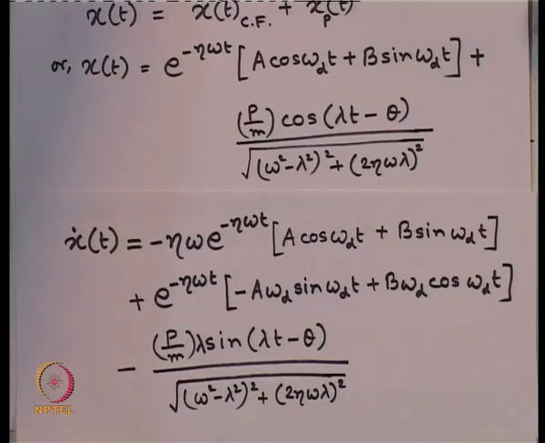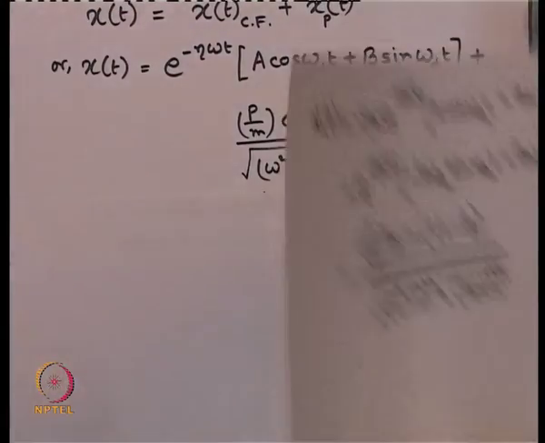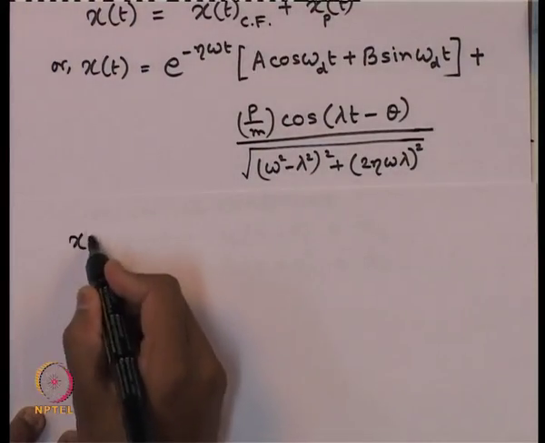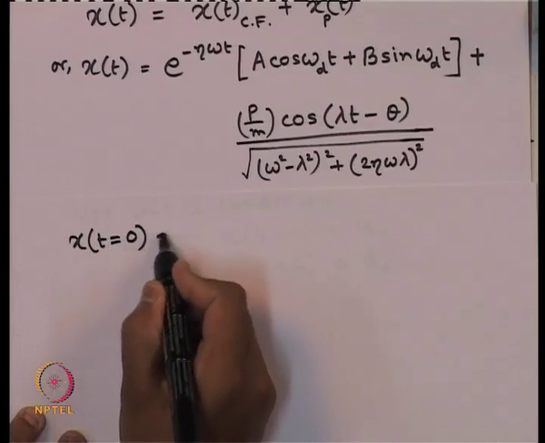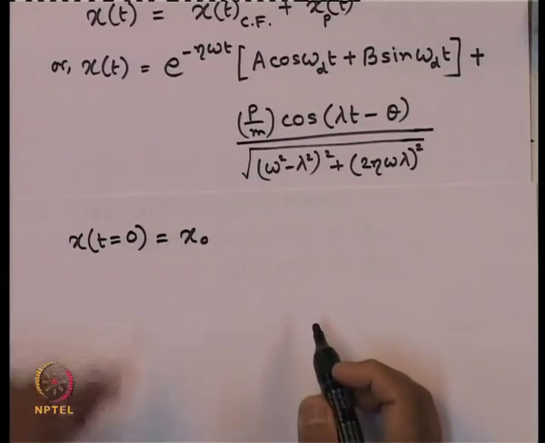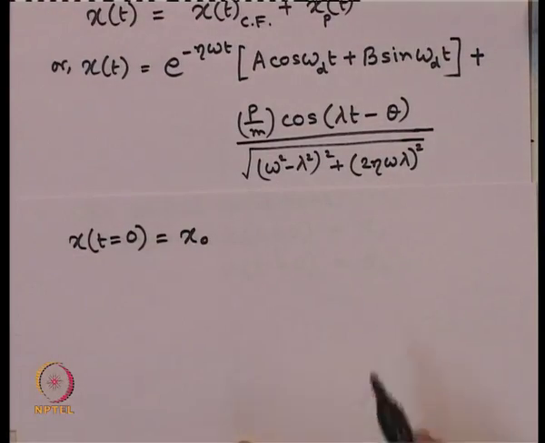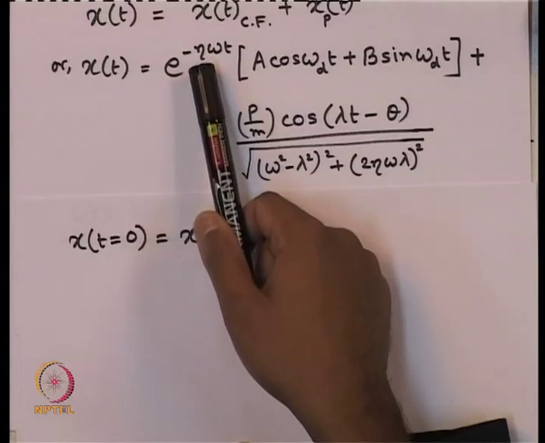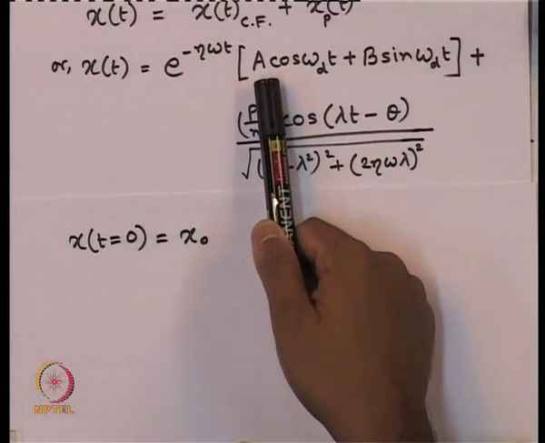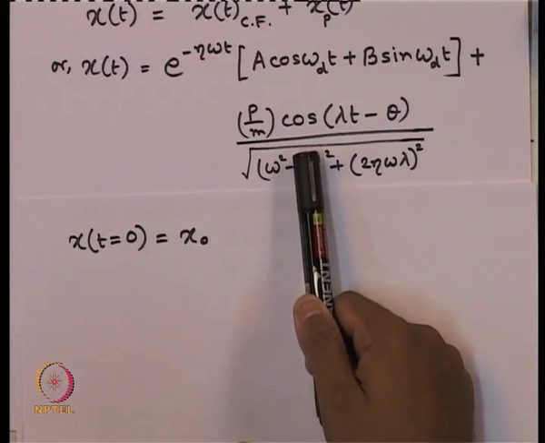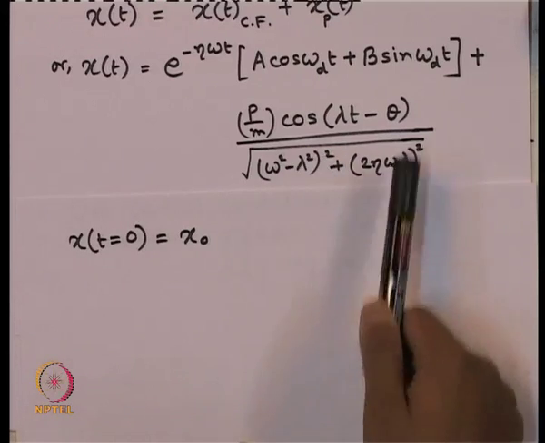Now, we are putting the initial conditions in these expressions. First, let us put for the displacement, that is x at t equals 0 is x naught. If we put t equals 0 in this expression for the displacement, what will we get? This becomes 1, the a term vanishes, and this term remains.